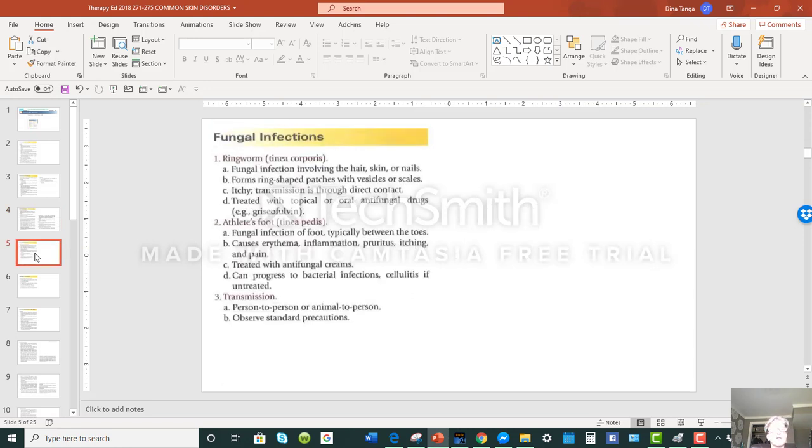Fungal infections, ringworm. Fungal infection involving the hair, skin, and nails forms ring-shaped patches of vesicles or scales. Itchy. Transmission through direct contact, treated with topical or oral antifungal drugs. Athlete's foot.